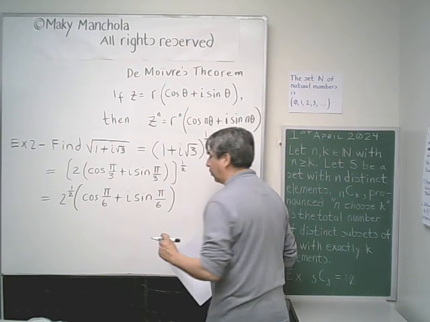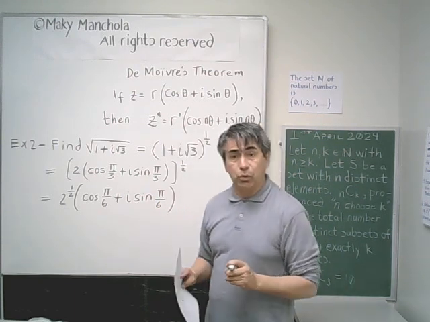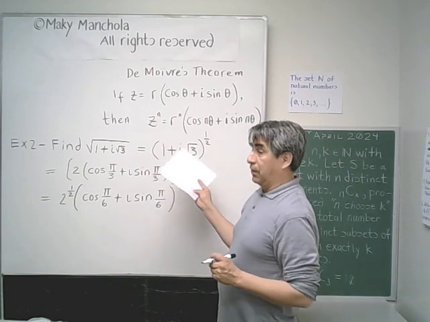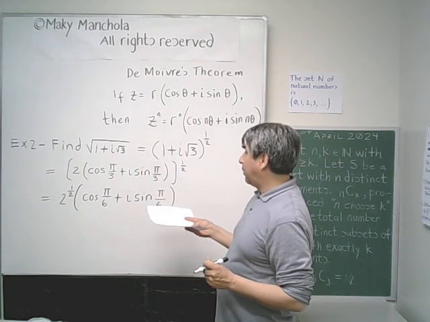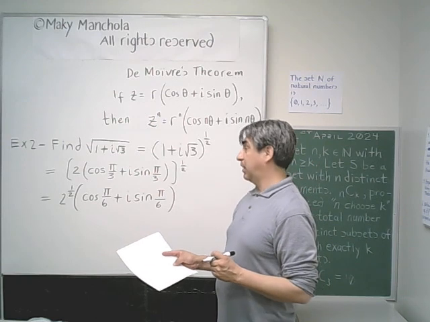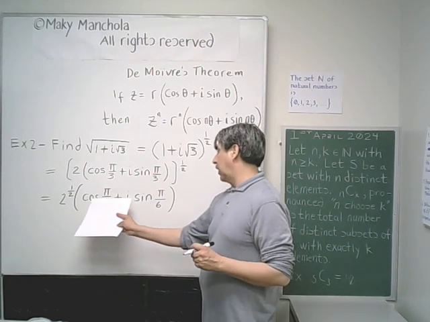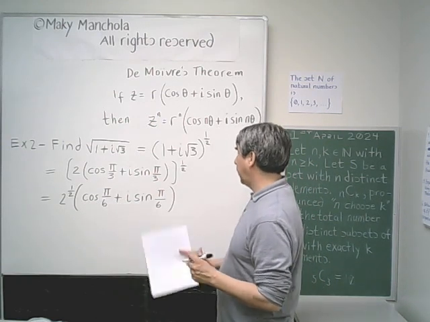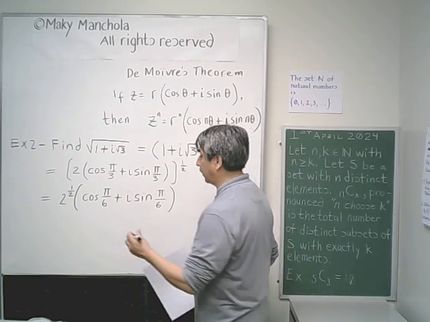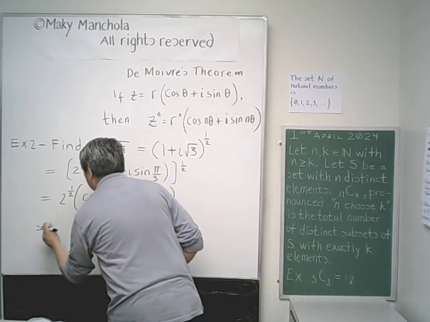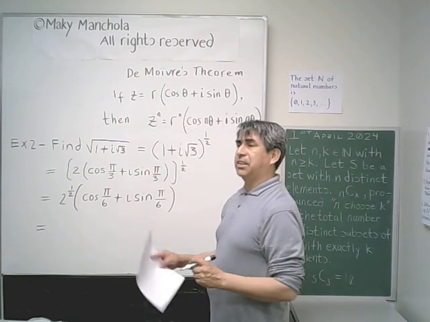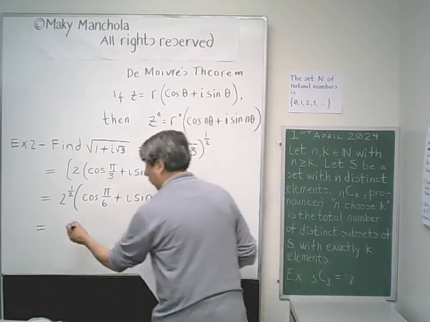Okay, so I am done obtaining my square root using DeMoivre's theorem. I want to present my answer in standard form. So I want to calculate cosine of pi over 6 and sine of pi over 6. Now, 2 to the 1/2 is the same as the square root of 2.